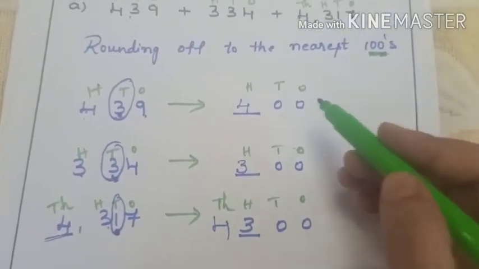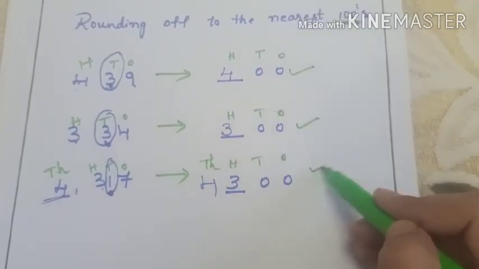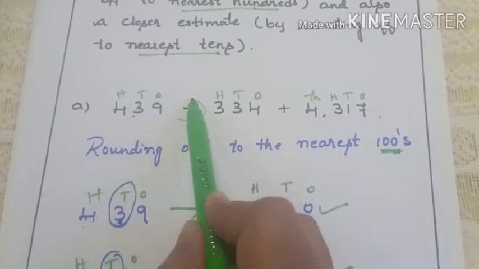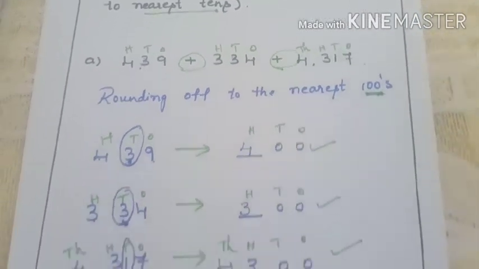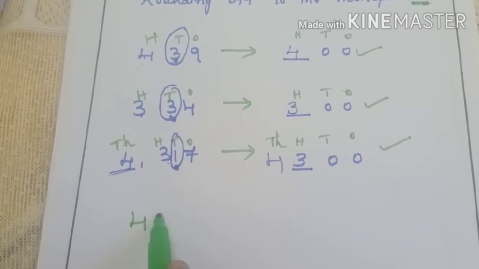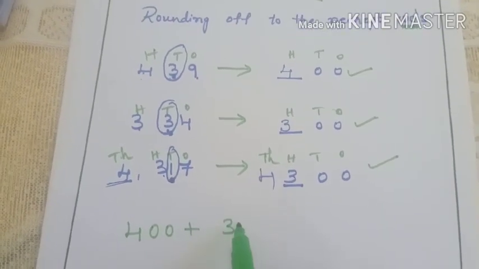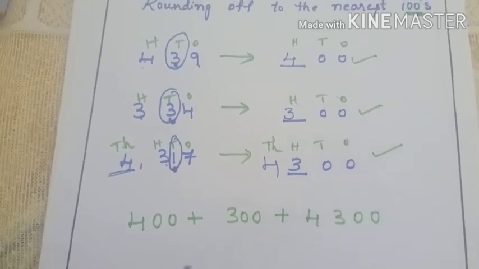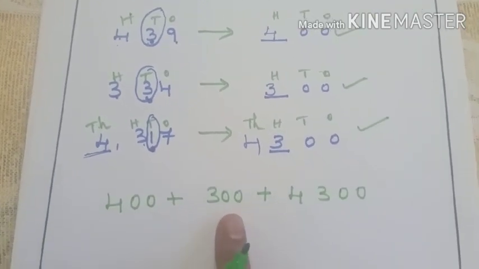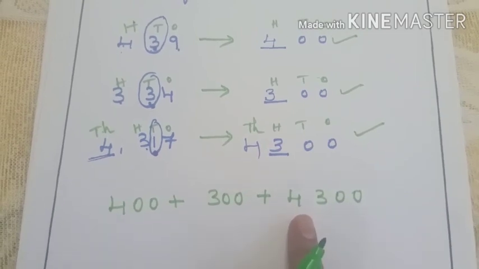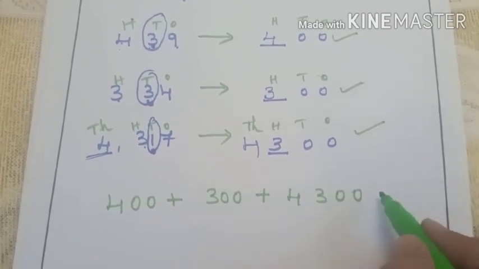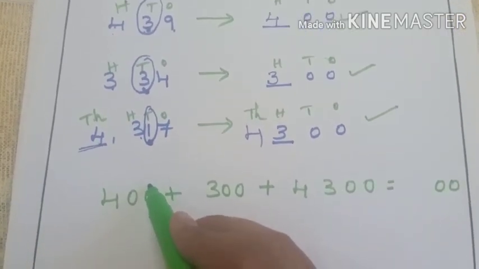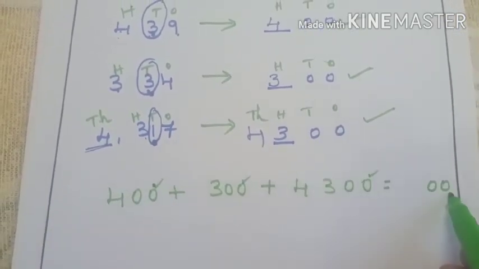So now you have got your rounded off numbers. Add all the three numbers since the addition symbol is given in the question. That is 400 plus 300 plus 4,300. So 400 plus 300 gives you 700. 700 plus 4,300 will give you, so see, 0, 0, 0 is 0.